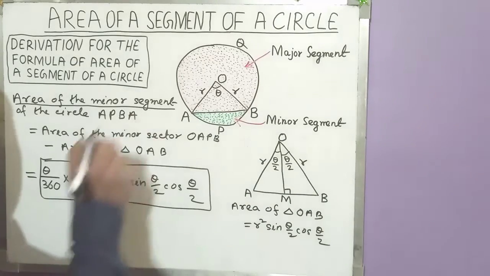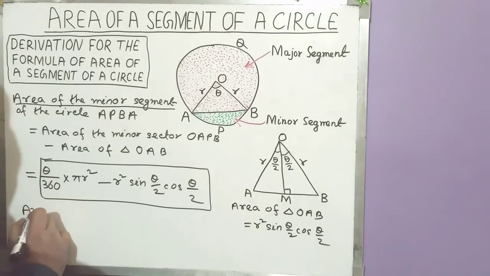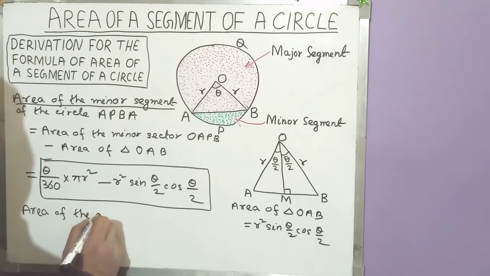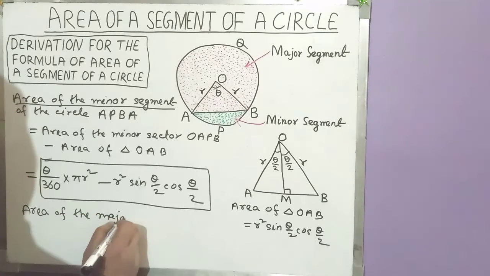Using the formula for the area of the minor segment of a circle, we can find the area of the major segment.